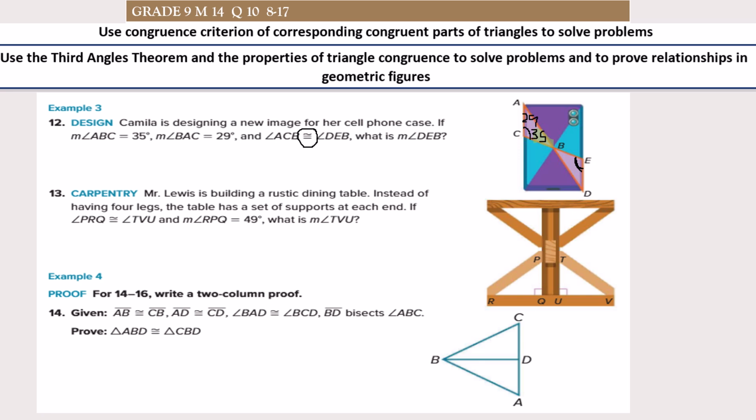Then they're asking you, what is the measure of angle DEB? Once again, use the information of 180 degrees. And then when you find angle C, you know it will be equal to angle E.